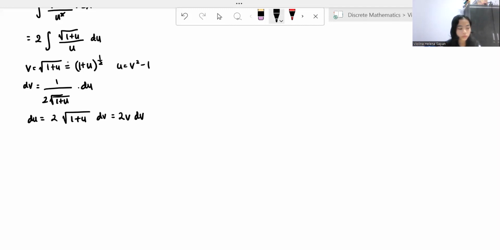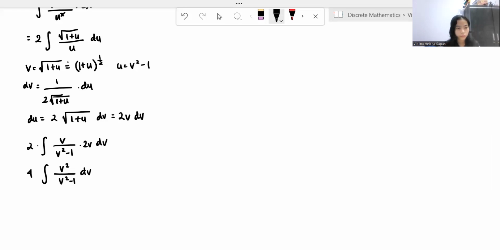Okay, so 2 times the integral of, and then times 2v dv, because du is 2v dv. Again, we can pull out 2, and this 2 will be multiplied by this 2, which is 4 times, okay.